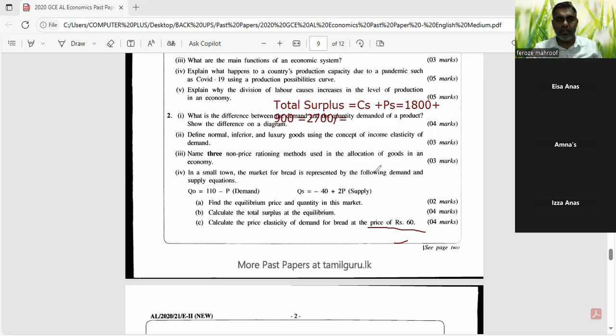Therefore, first of all, for the price of 60, you must calculate the QD.